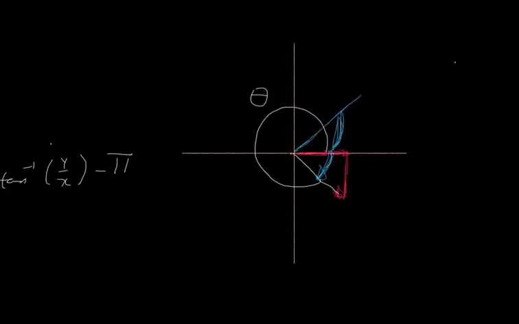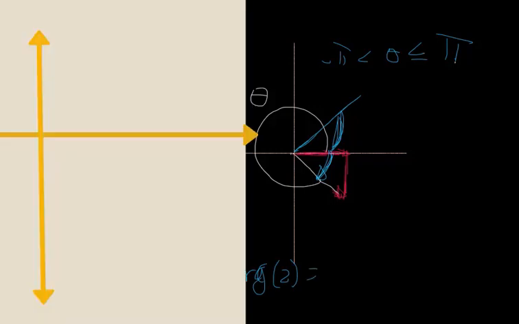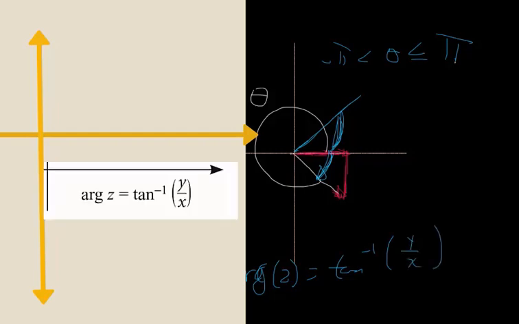If it is in the fourth quadrant, since we restricted our principal argument between minus pi and pi, the argument of z will be tan inverse of y over x.